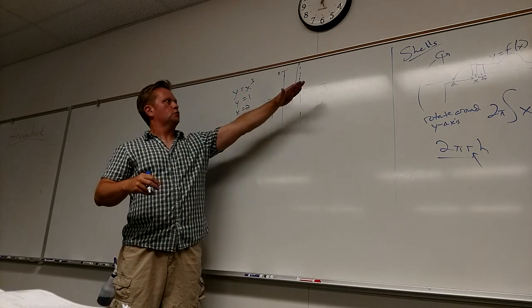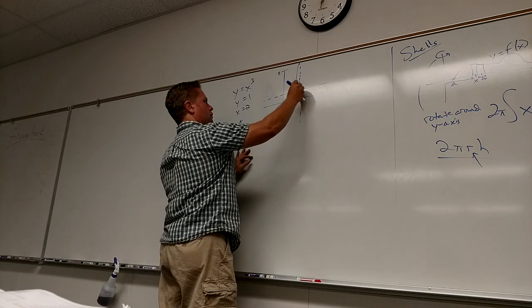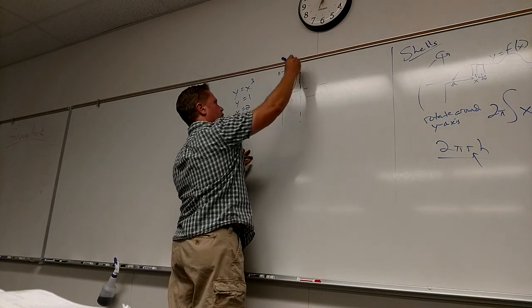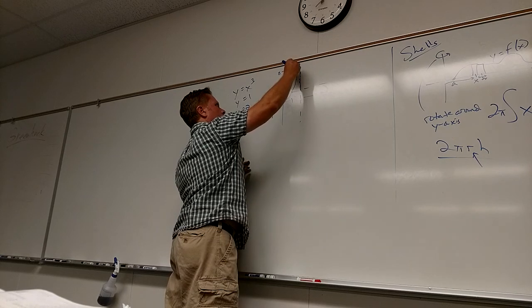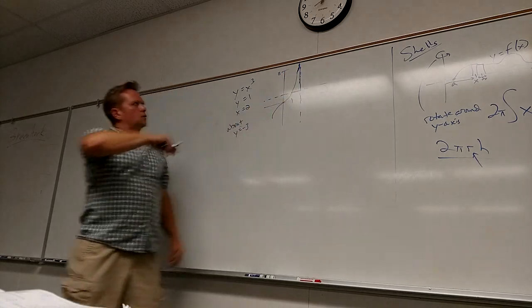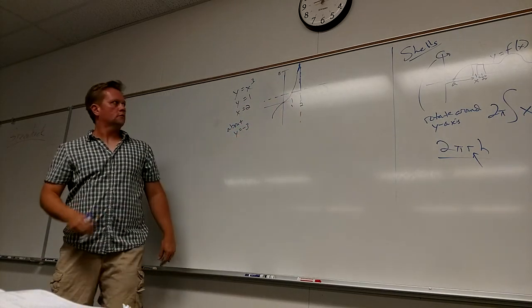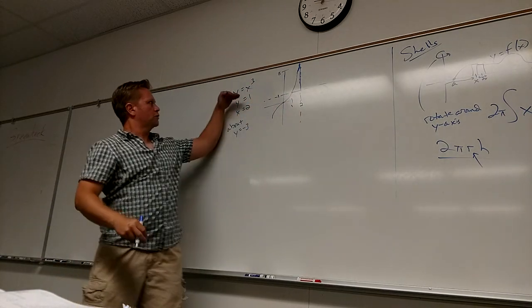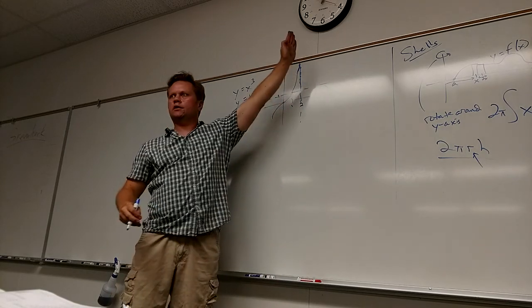Another wall at y equals 1. So here's the area that's captured by all 3 of those.